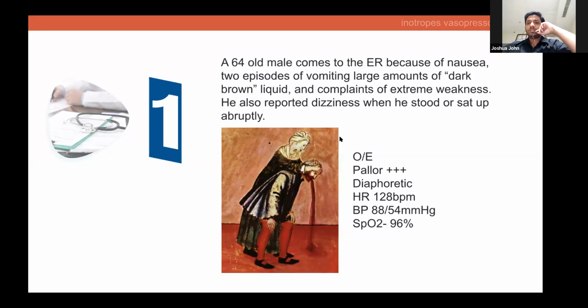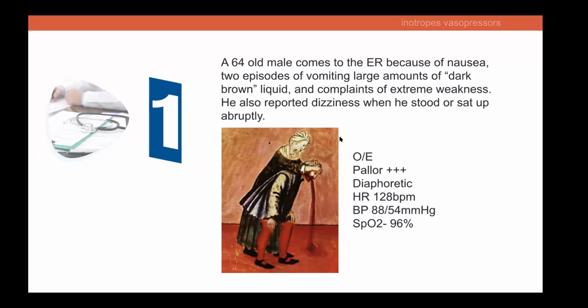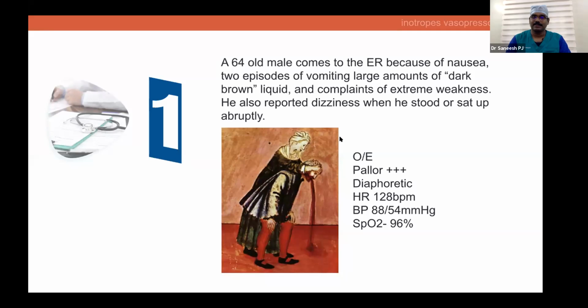So we will start. Here comes the scenario. It is a 64-year-old male who comes to the emergency room because of nausea and 2 episodes of vomiting large amounts of dark brown liquid, and complains of extreme weakness. He also reported dizziness when he stood or sat up abruptly. You can see the picture. On examination, pallor plus, your patient is diaphoretic.